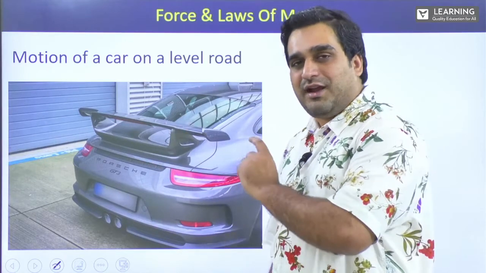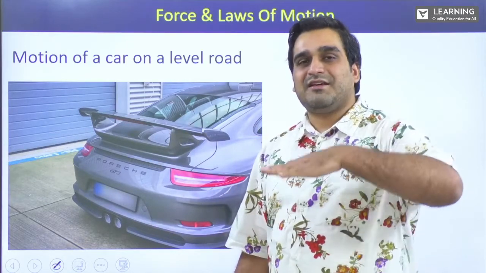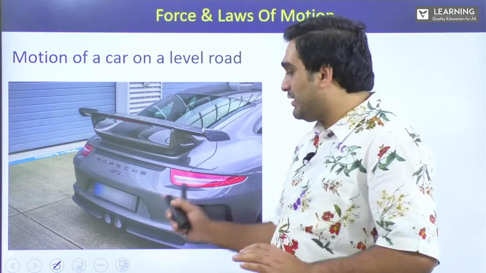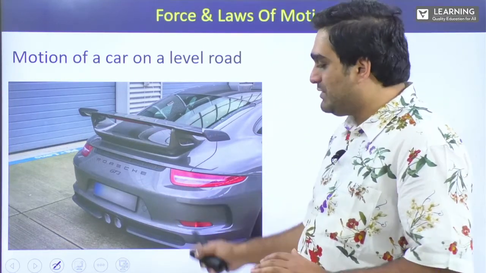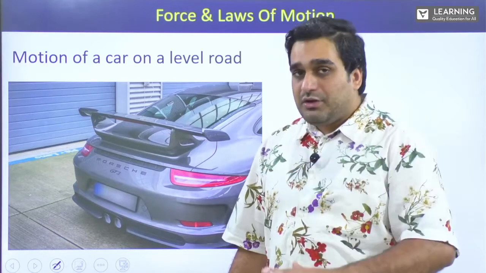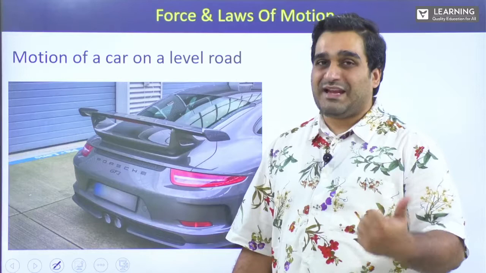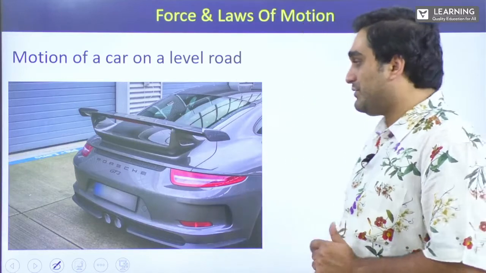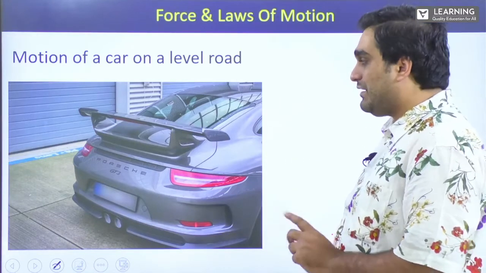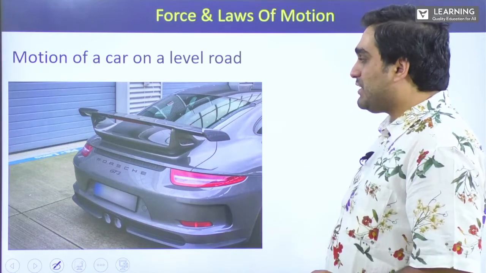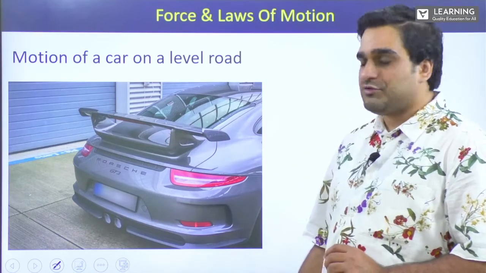When you add spoilers to the car, it increases the downforce of the car. So the rear wheels will experience more downforce, therefore there's more grip, hence more static friction. That is how you can increase the coefficient of static friction, by adding spoilers.